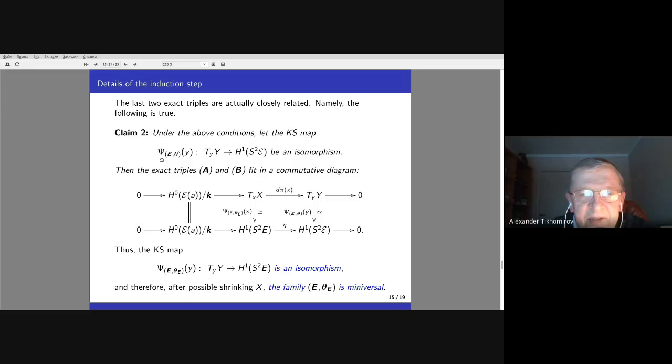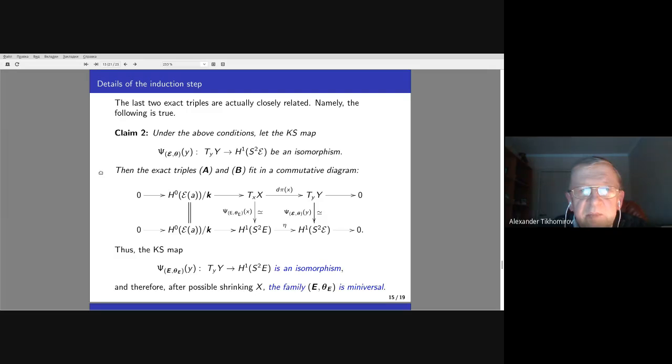One can guess what is the relation, and our claim says that in the above conditions, let the Kodaira-Spencer map for the original bundle script E, which we denote by psi E theta at point Y, be an isomorphism.